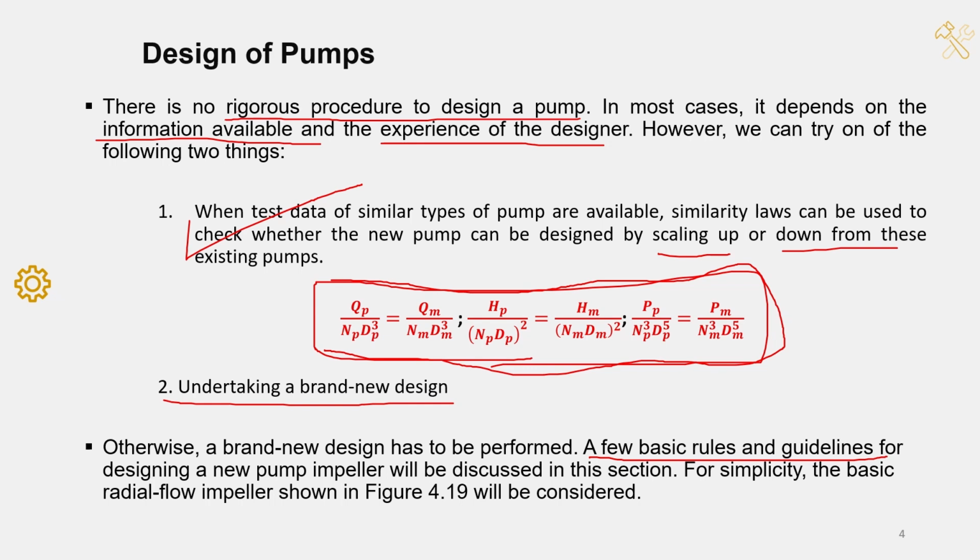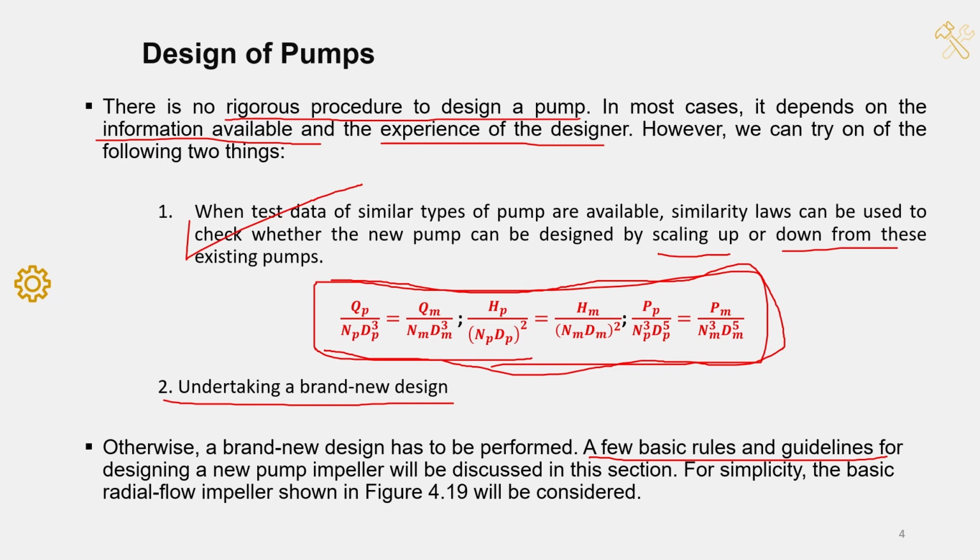So you either use the data of an existing pump to design a new pump through the similarity laws, or you take a completely new design approach, where you start with the selection of the impeller and the physical dimensions of the inlet and outlet of the impeller, as well as the volute and the blade.